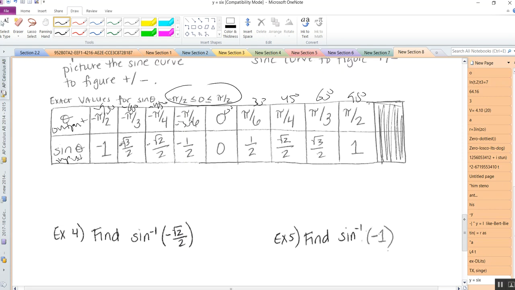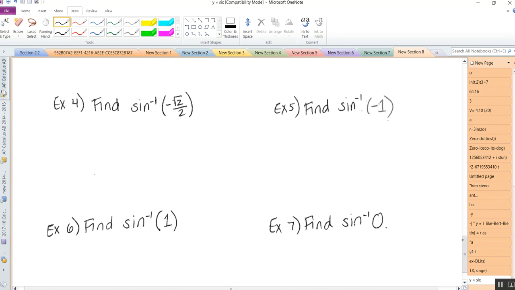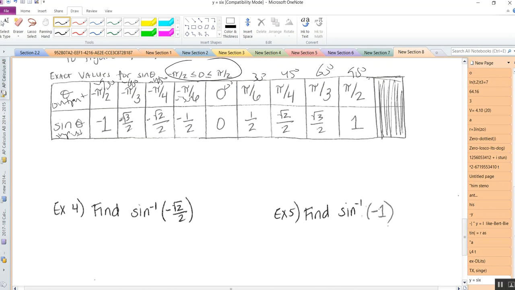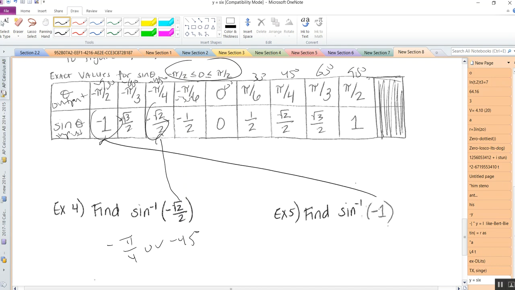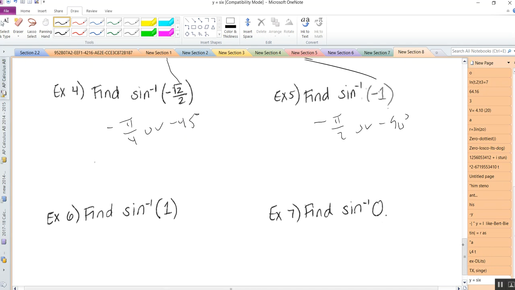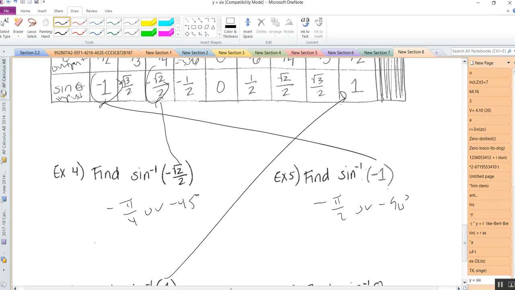And then if we work through these examples, you may want to pause the video and try this on your own. Okay, so if that's our input, you give the angle that goes with it, negative pi over 4, or negative 45 degrees. Or negative 1, give the angle that goes with it, which is negative pi over 2, or negative 90 degrees. Sine negative 90 gets you negative 1. Positive 1 is way up there.